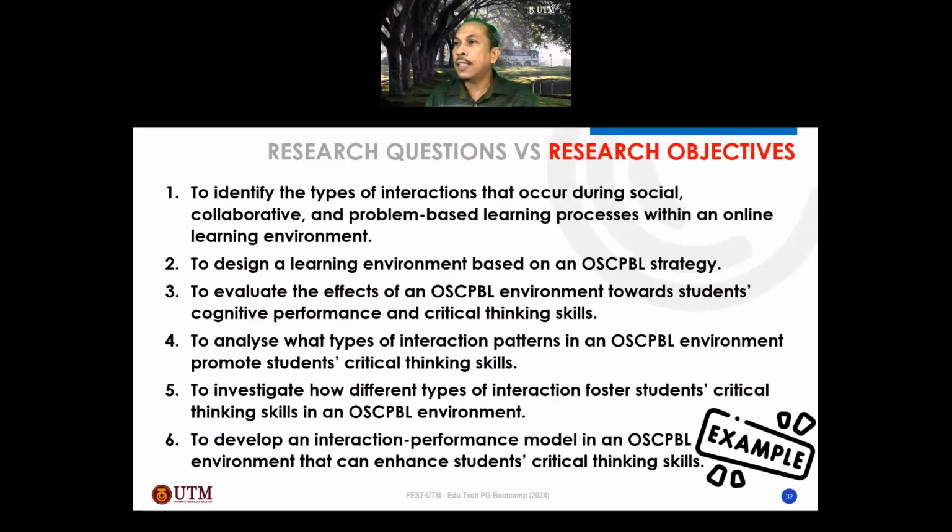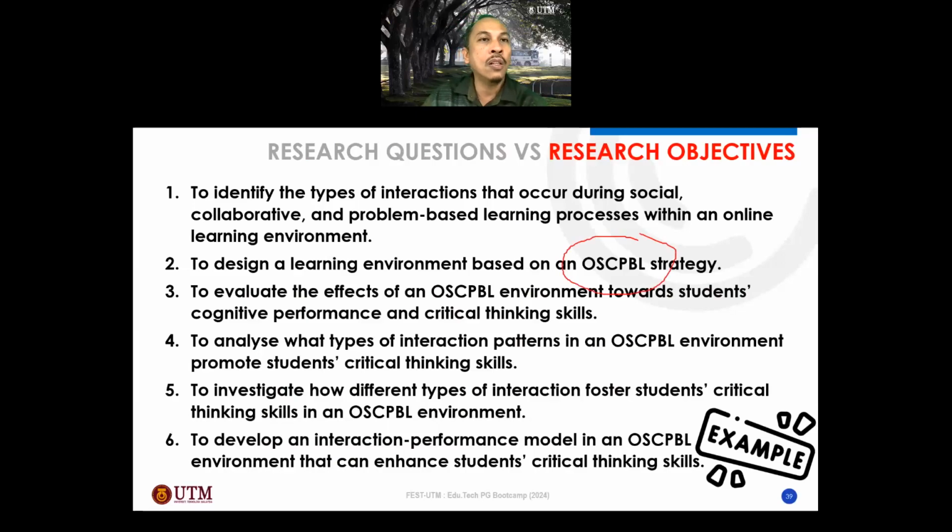Okay, this is research objective. This is from one of my students who already graduated, I think 6-7 years ago, Dr. Wan Nur Tasnim, now a lecturer in KL. Her research is related to online social collaborative and problem-based learning.